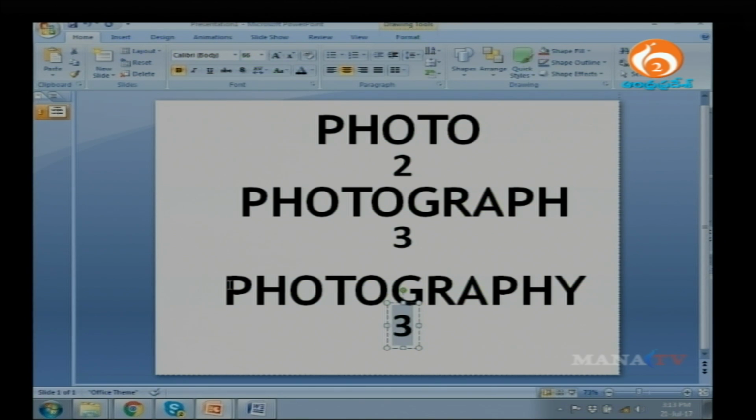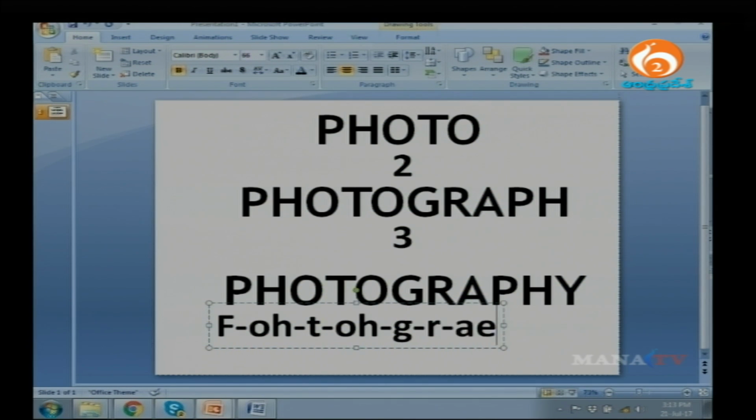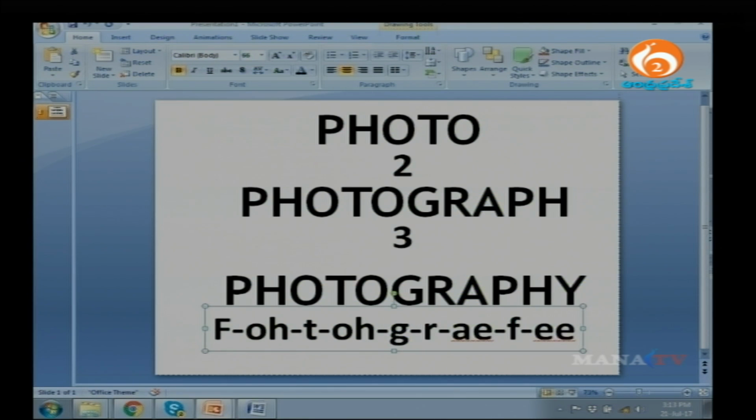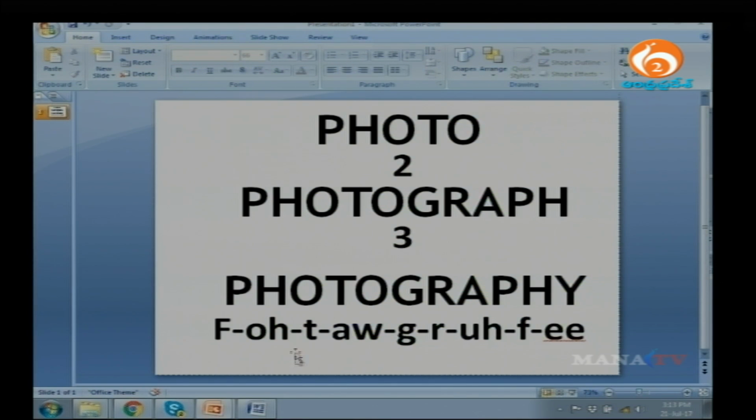If I have to break this, I will say for, O, for. I am breaking this into all the sounds now. T, O, photo, G, R, A, photograph, photography. The actual pronunciation is photography. This is the actual pronunciation. Photography. Graphy.